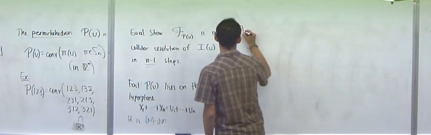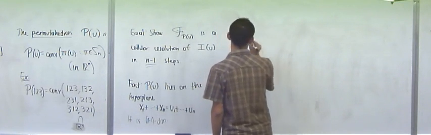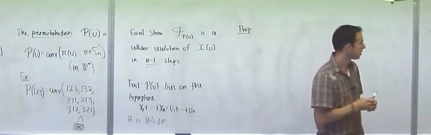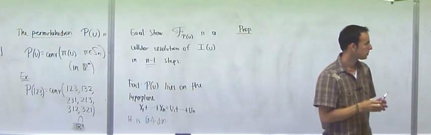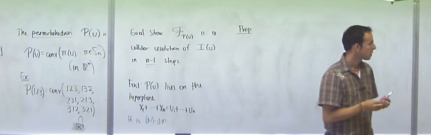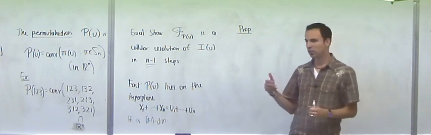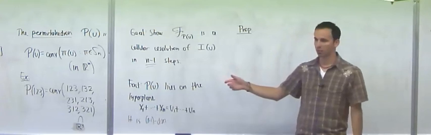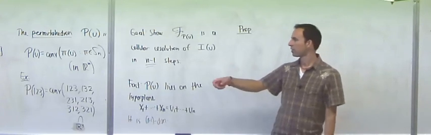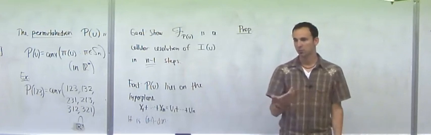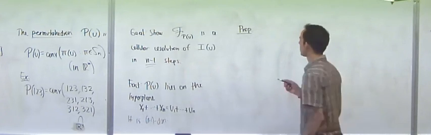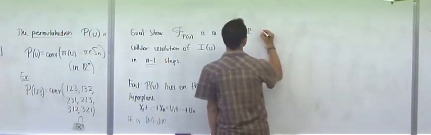Let's talk about the faces of this thing. So the thing is that eventually, I want to say what I just said, right? That the resolution of the permutation ideal is encoded in the faces of the permutahedron. So I need to understand what the faces of the permutahedron are.